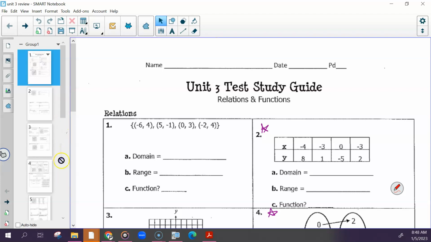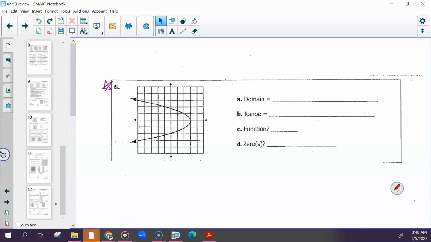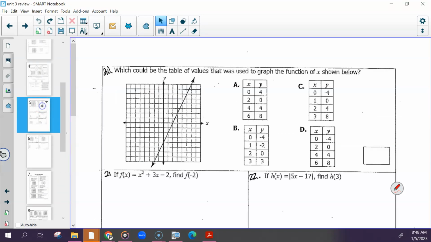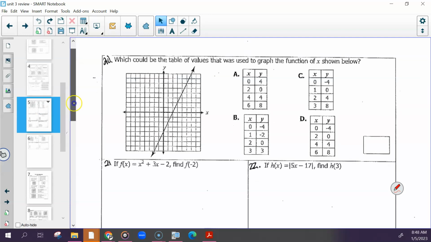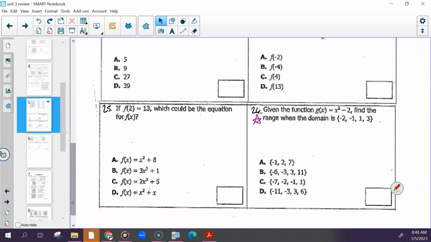I don't have the thing in front of me, so you might have to tell me which one it is. It's the second last one. Oh, these are numbers. Oh, yeah, these.